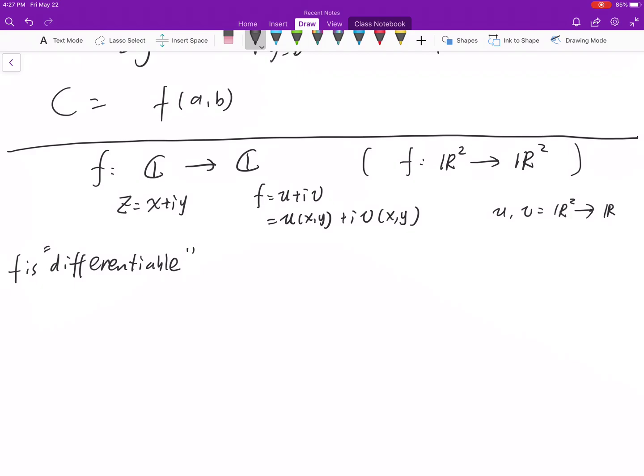But here, this differentiability we just say f is differentiable as a complex valued function.